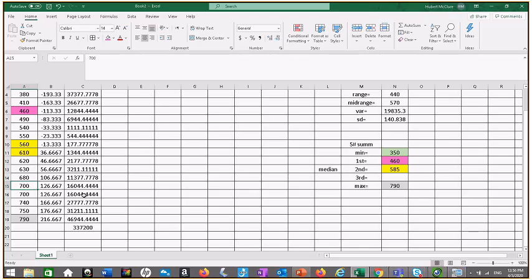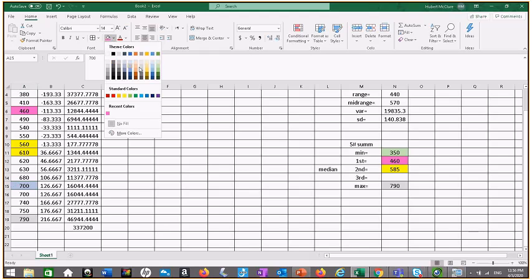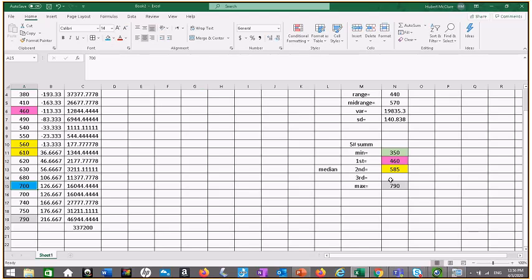There's your middle number. Middle's right here. So that's my 3rd quartile, and I'll color it that aqua color. And there is your 5-number summary.